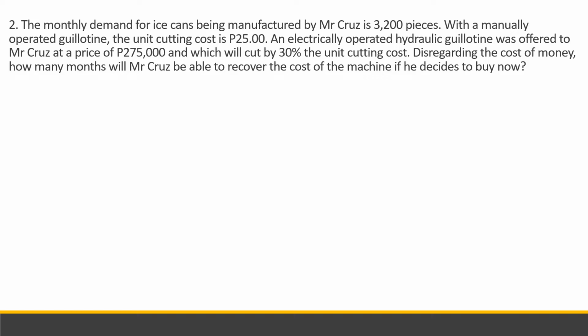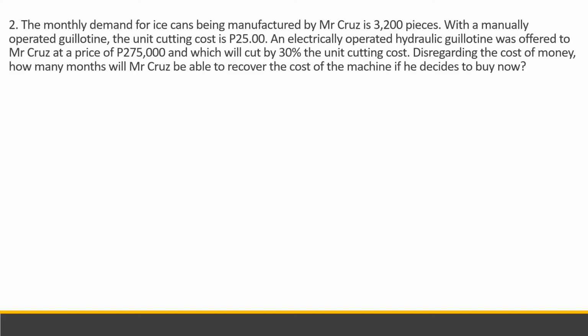An electrically operated hydraulic guillotine was offered to Mr. Cruz at a price of 275,000, which will cut by 30% the unit cutting cost of the cans. Disregarding the cost of money, how many months will Mr. Cruz be able to recover the cost of the machine if he decides to buy now?